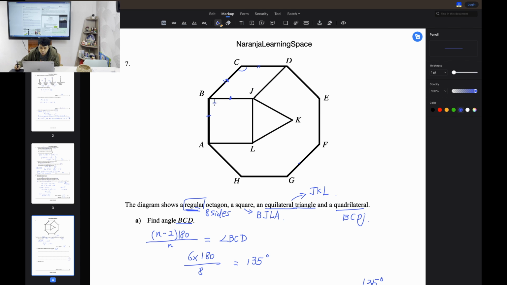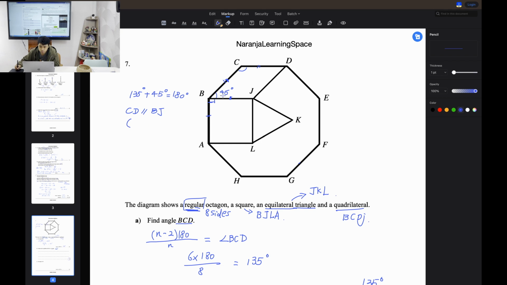This is 90 degrees, so this is 135 minus 90, which is 45 degrees. So since this is 45, this is 135, and then 135 plus 45 equals 180, which means CD parallel to BJ.